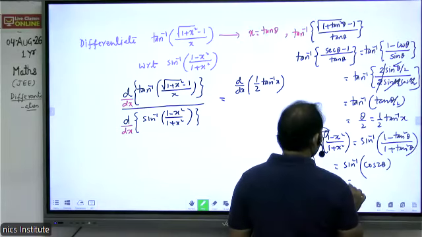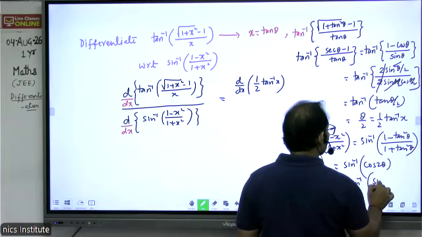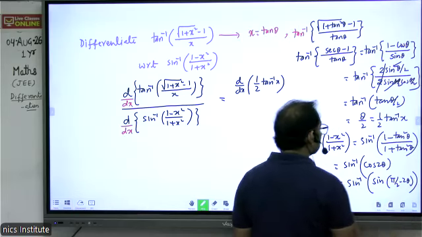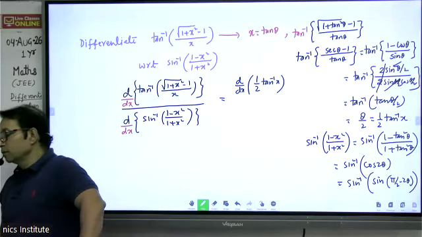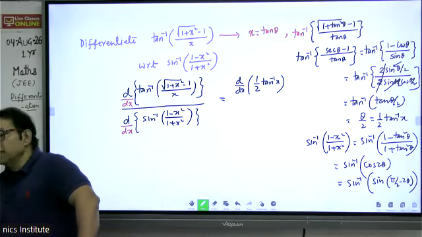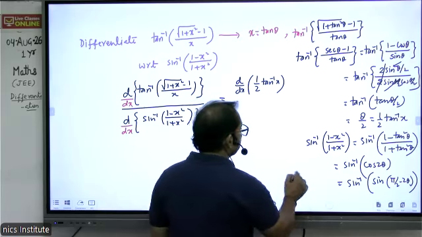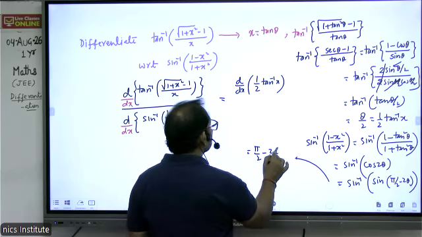Cos 2 theta you can write as sine inverse of sine pi by 2 minus 2 theta. Cos 2 theta is sine 90 minus 2 theta. So this will be pi by 2 minus 2 theta.